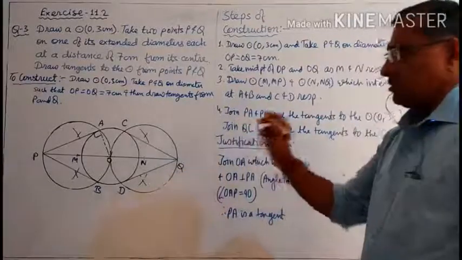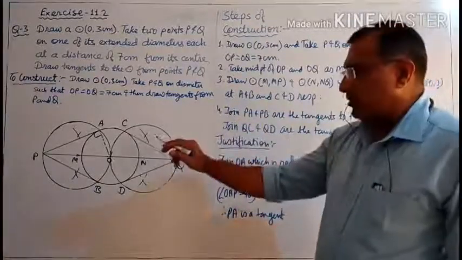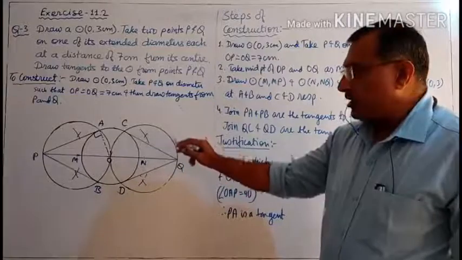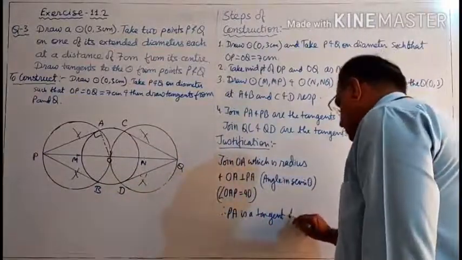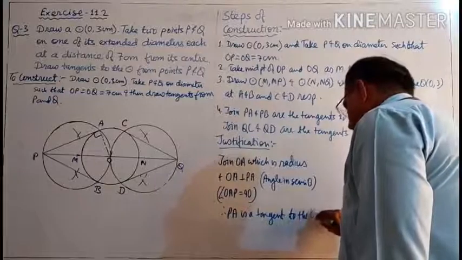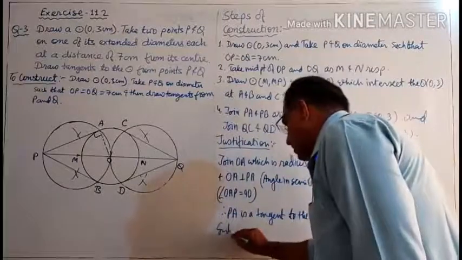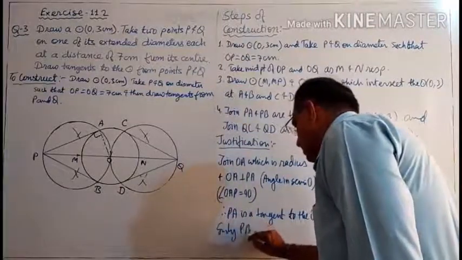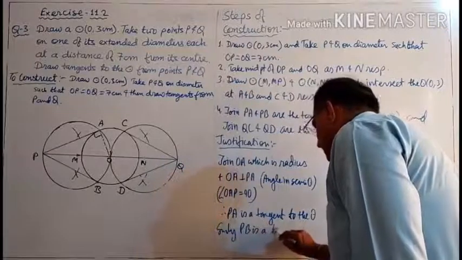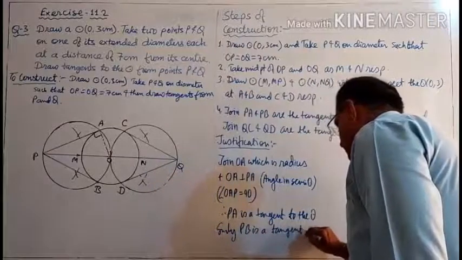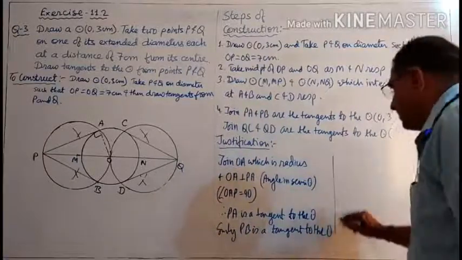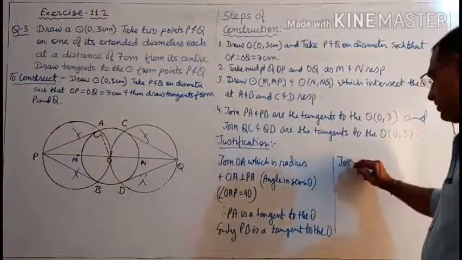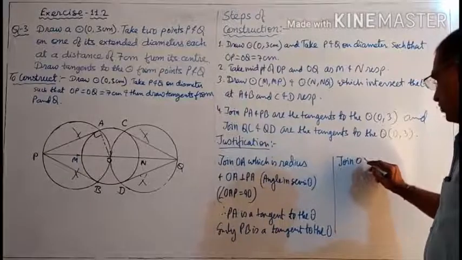Any line segment from an exterior point P that is perpendicular to the radius is a tangent to the circle. Similarly, PB is a tangent to the circle. Same way, let us go here. First of all, join OC.